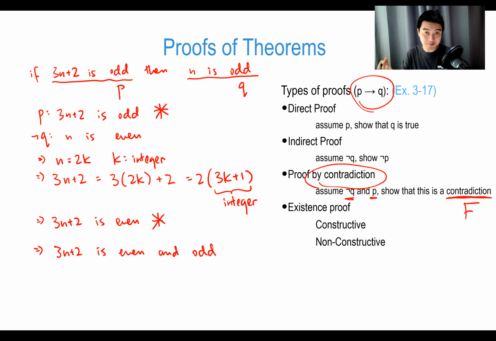Can this happen? The answer is no. We can't have a number which is even and odd, and this derives a contradiction. At this point, we're done. The funny thing about contradiction is that your last step is always false. Once we derive the false, we're done.